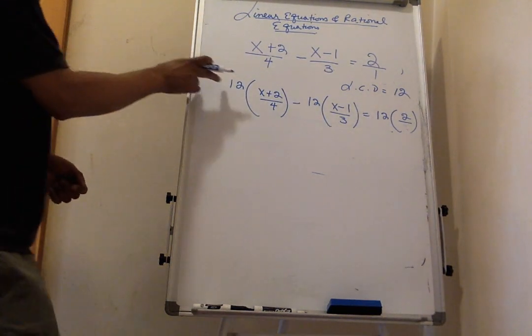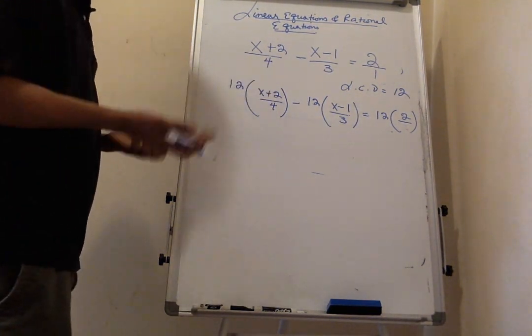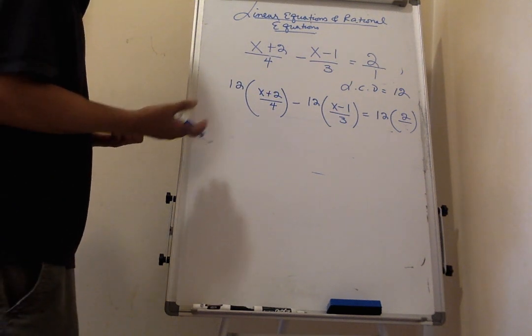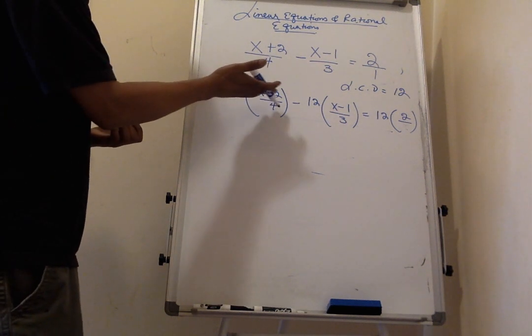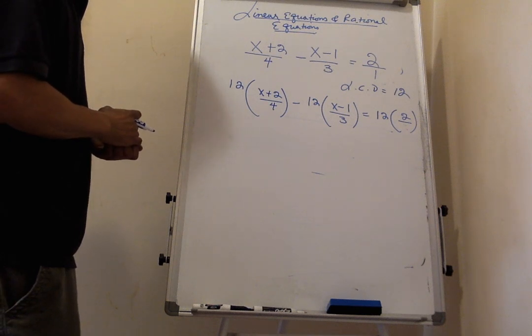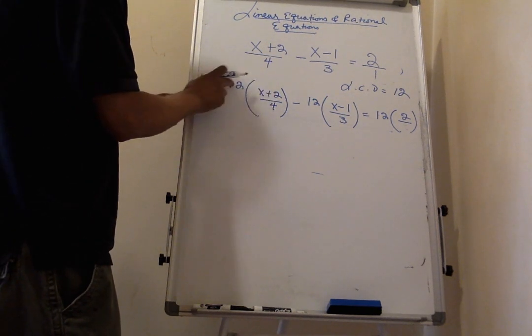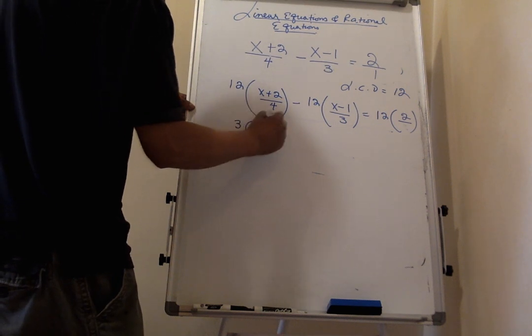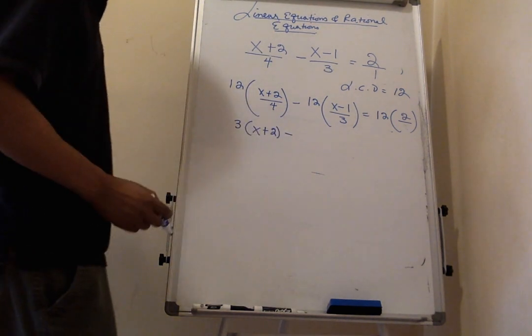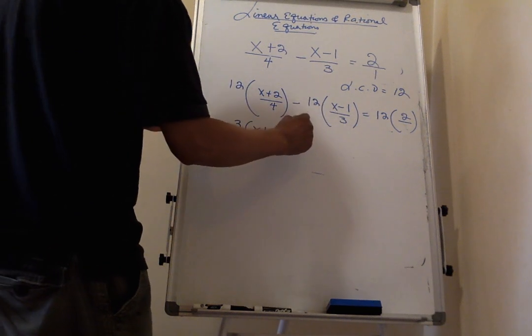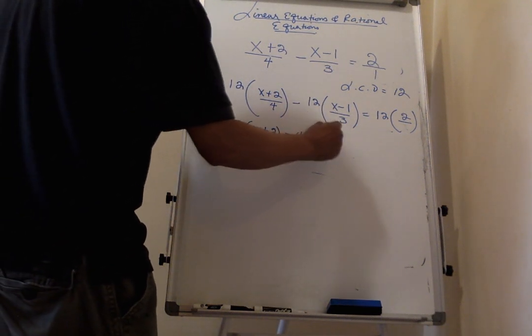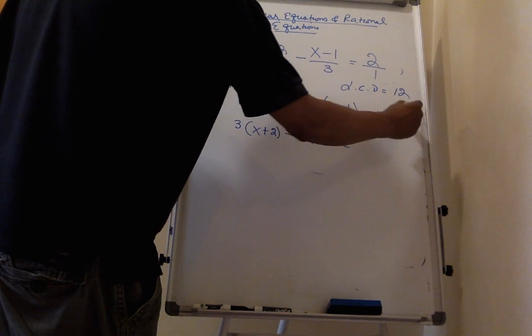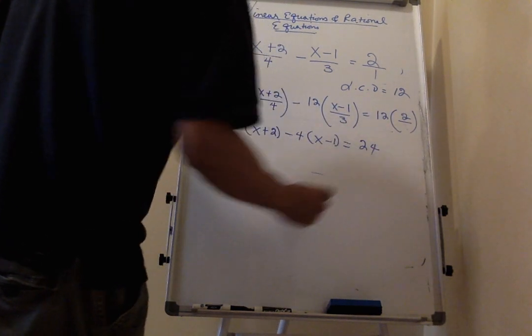Now, don't distribute 12 yet, because our ideal thing is to turn this into an equation without a denominator. So 12 into 4 goes 3 times, so I'm going to write 3 times (x + 2) minus 12 into 3 goes 4 times (x - 1), and 12 times 2 is equal to 24.